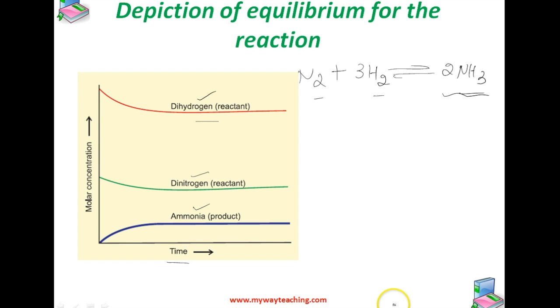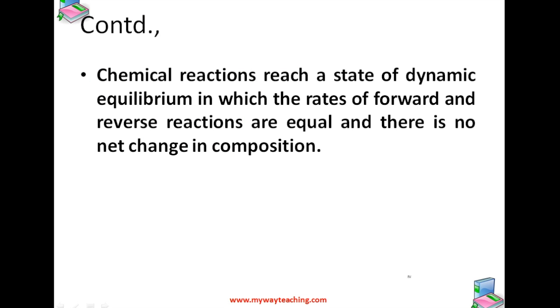So the use of isotopes in the formation of ammonia clearly indicates, and I will repeat, that chemical reactions reach a state of dynamic equilibrium in which the rates of forward and reverse reactions are equal and there is no net change in the composition.